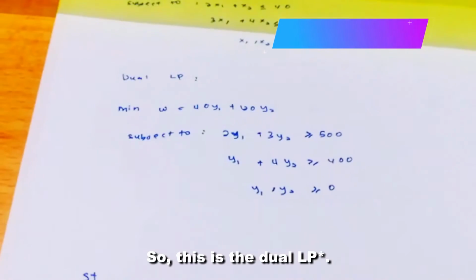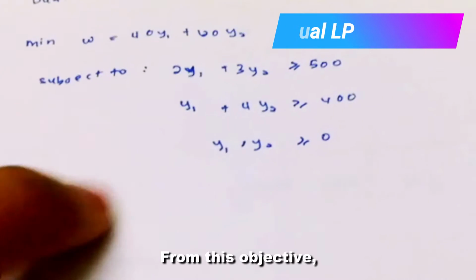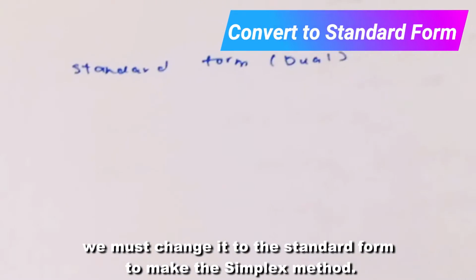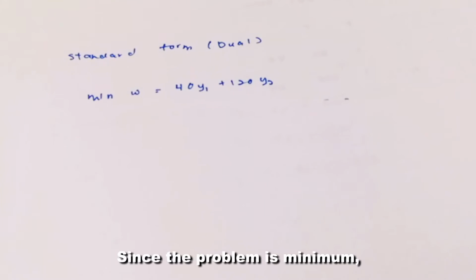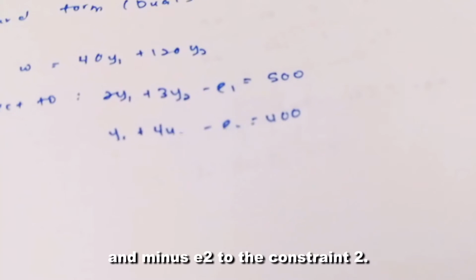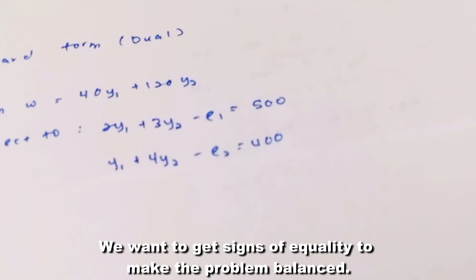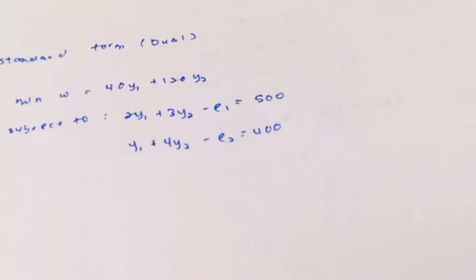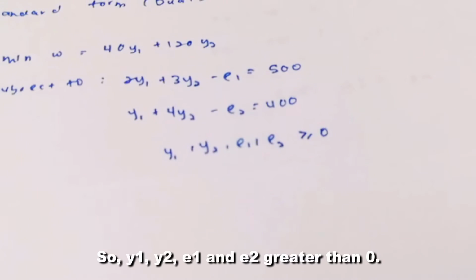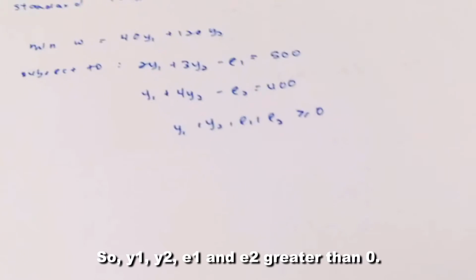Okay, from this we change it to the standard form to make it a simpler method. So since the problem is minimum, we subtract E1 from constraint 1 and E2 from constraint 2. We want to get a sign of equality to make the problem balanced. So y1, y2, E1 and E2 greater than 0.